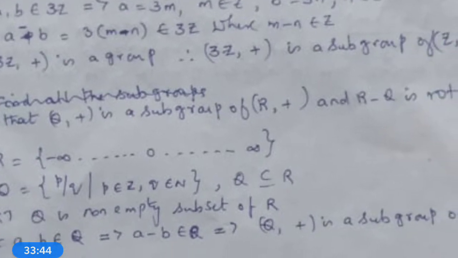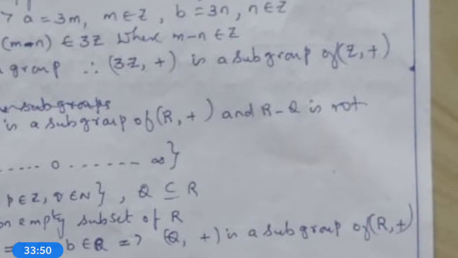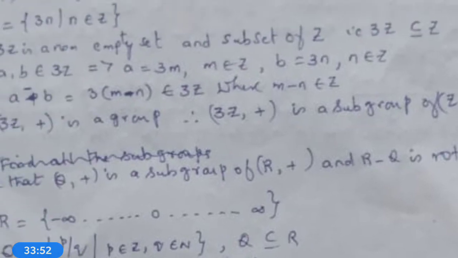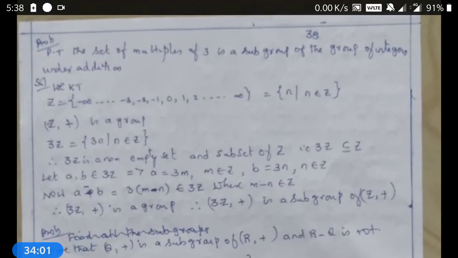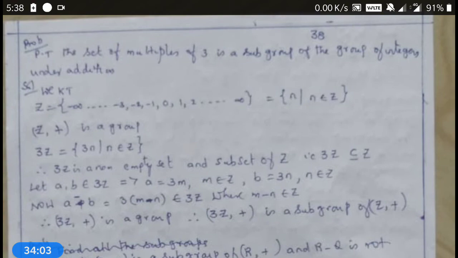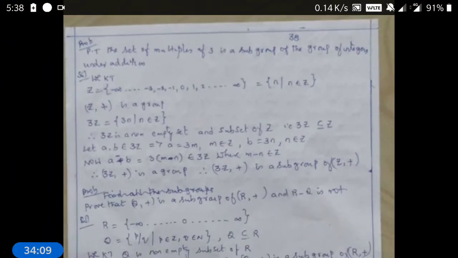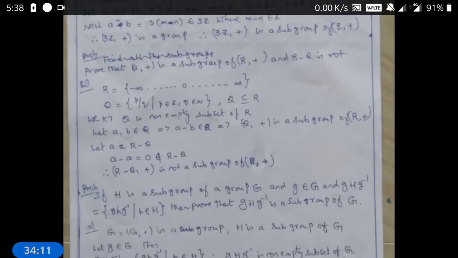Therefore (3Z, +) is a subgroup of (Z, +). So the set of all multiples of 3 is a subgroup of (Z, +). Similarly, (2Z, +) is also a subgroup of (Z, +).